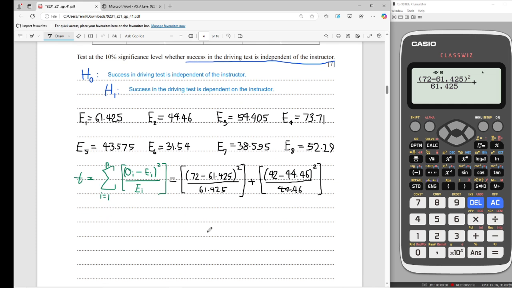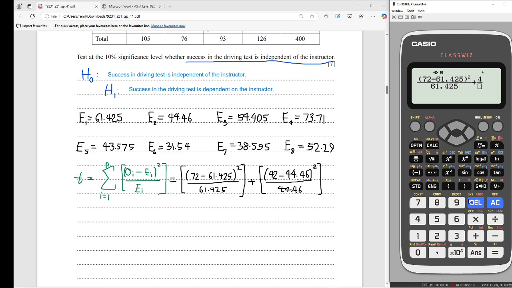Right, so let's plug this in the calculator, which is 42 minus 44.46 the whole square divided by 44.46.